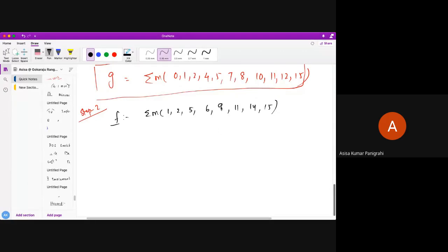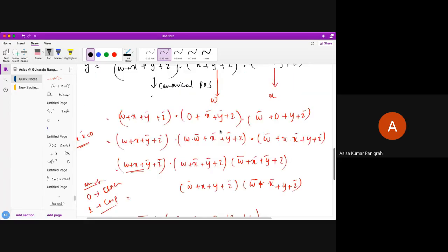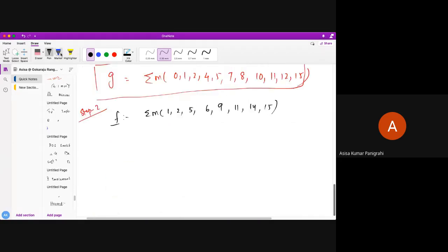So I'll just cross-check: 1, 2 is there. 5 is there. 6 will be there. Yes, 8 is not required. 9 is there. Then 10, yes, that is 10 actually, not 11. Yeah, correct.